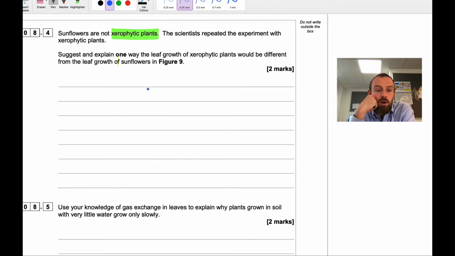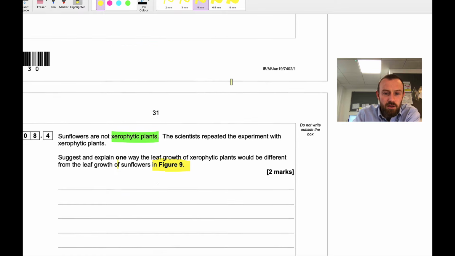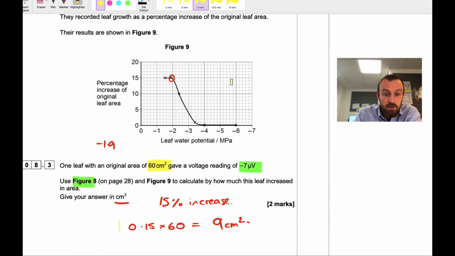Suggest and explain one way the leaf growth of xerophytic plants would be different from the leaf growth of sunflowers. In figure 9. So we need to talk about figure 9. Okay, I was slightly wondering what they were wanting me to talk about, but in figure 9, this one here.